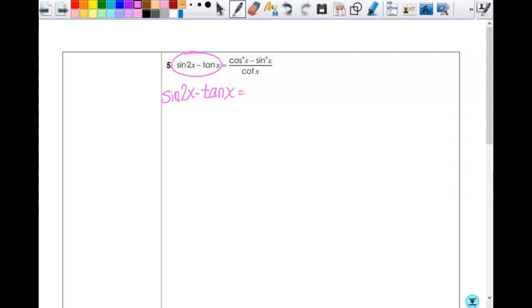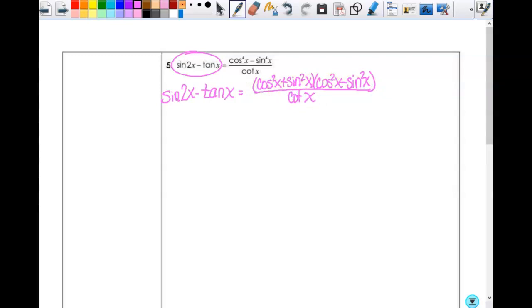What is this kind of situation called that you should be able to recognize? It is a difference of squares. Okay, because there's no cosine to the 4th anything on here, right? And so this is a difference of squares. So I'm going to factor into cosine squared x plus sine squared x times cosine squared x minus sine squared x, all over cotangent x.